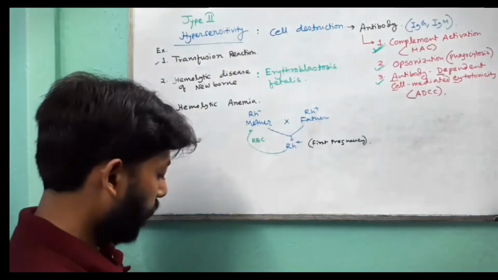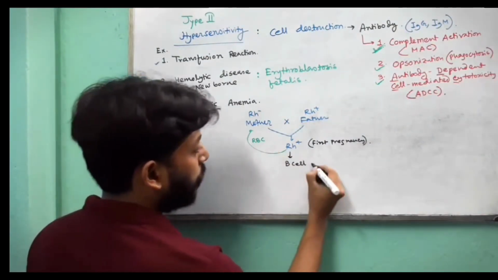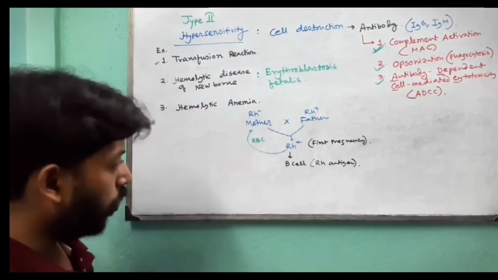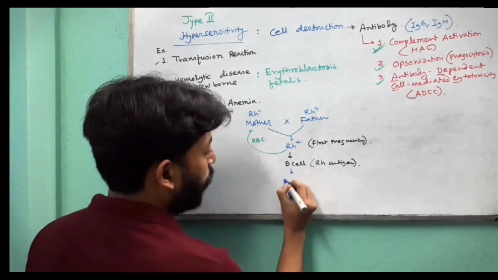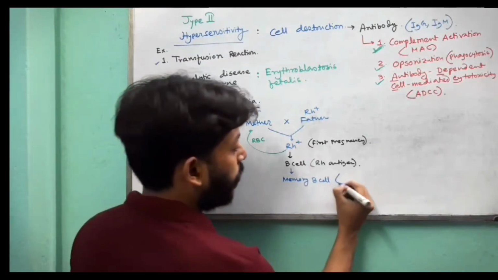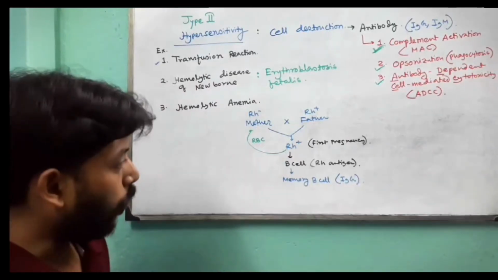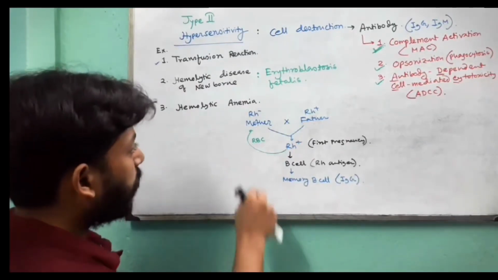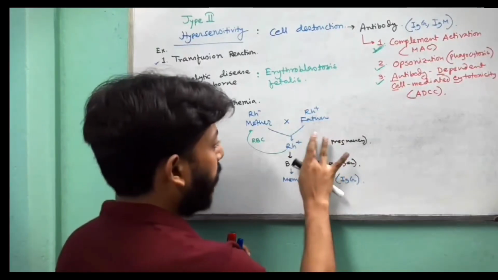This Rh negative mother has some B cells that can recognize the Rh antigen, and in response to this Rh antigen, this B cell will produce memory B cells. This memory B cell is capable of secreting IgG antibody that can cross the placenta. So what happens if the mother and father have another baby, a second pregnancy?